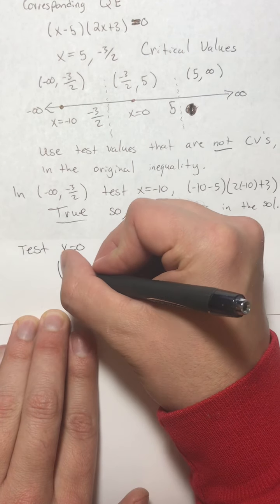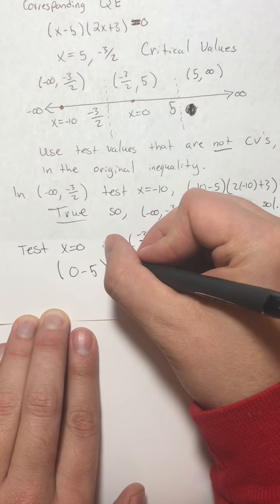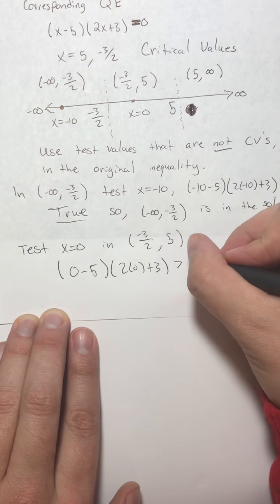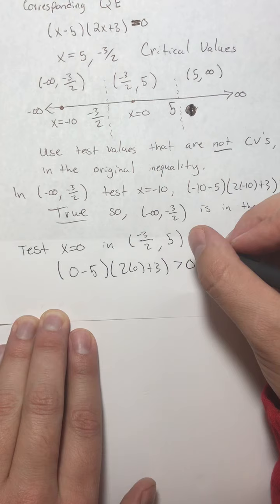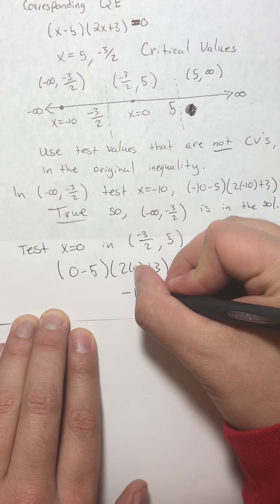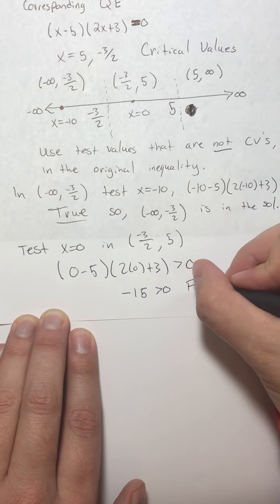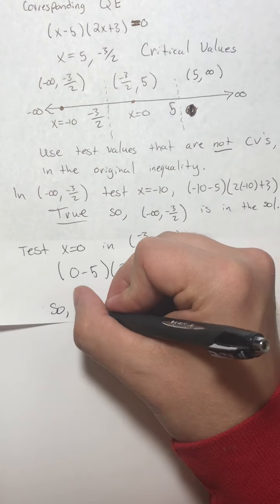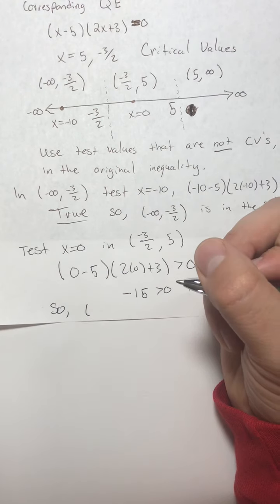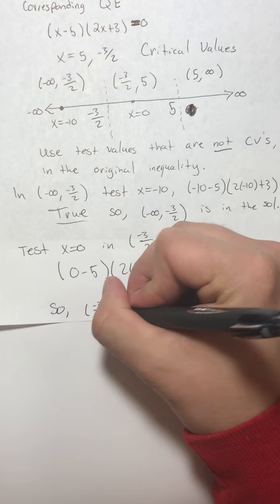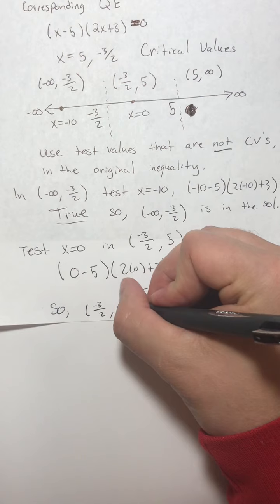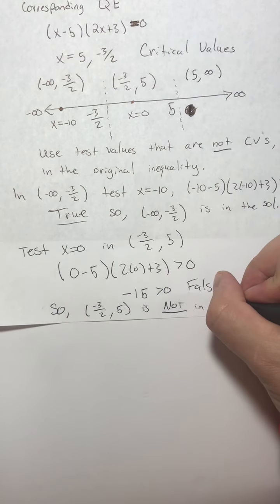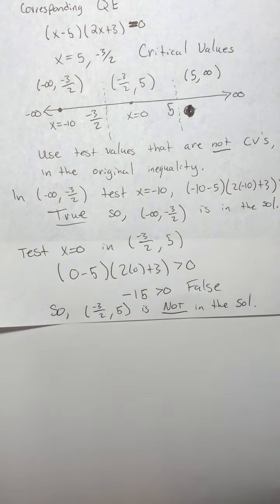So in the original, we'd have 0 minus 5, 2 times 0 plus 3, and is that greater than 0? So we're going to end up with negative 15 greater than 0, which is a false statement. And the conclusion from that is the interval negative 3/2 to 5 is not in the solution.